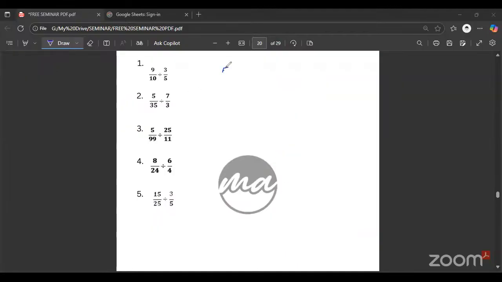The second one, it's 5/35 divided by 7/3. This can be converted as 5/35 into 3/7. We can multiply our numerators. This is 5 into 3, which will be 15, over 35 into 7, 245.